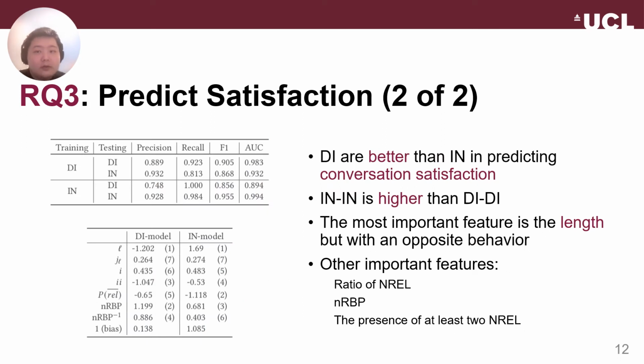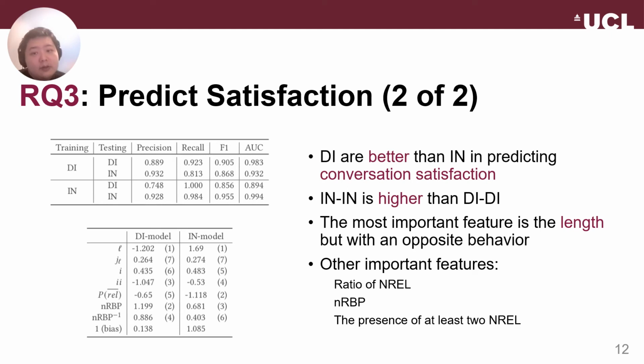We also performed logistic regression to fit these two assessments. The first table shows the performance of two models, and the second table shows the weights and the ranks of them. We found that direct assessments are better than indirect assessments in predicting satisfaction.